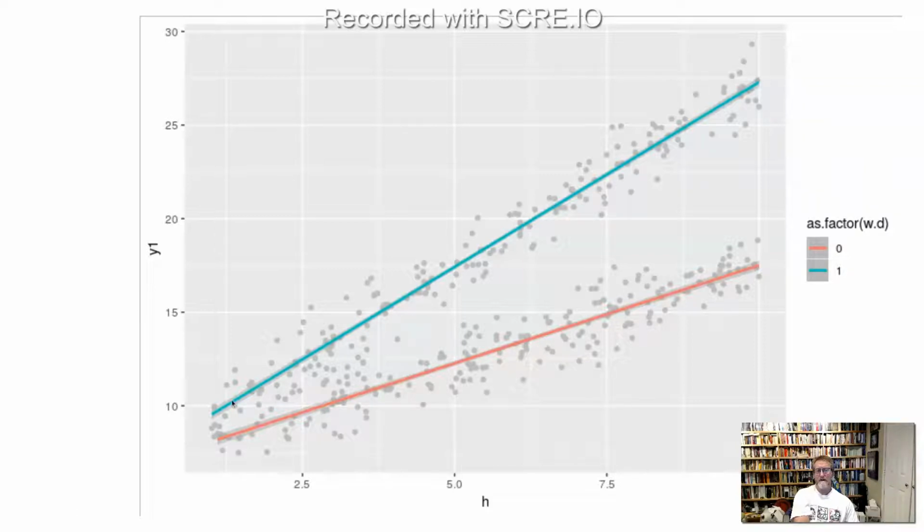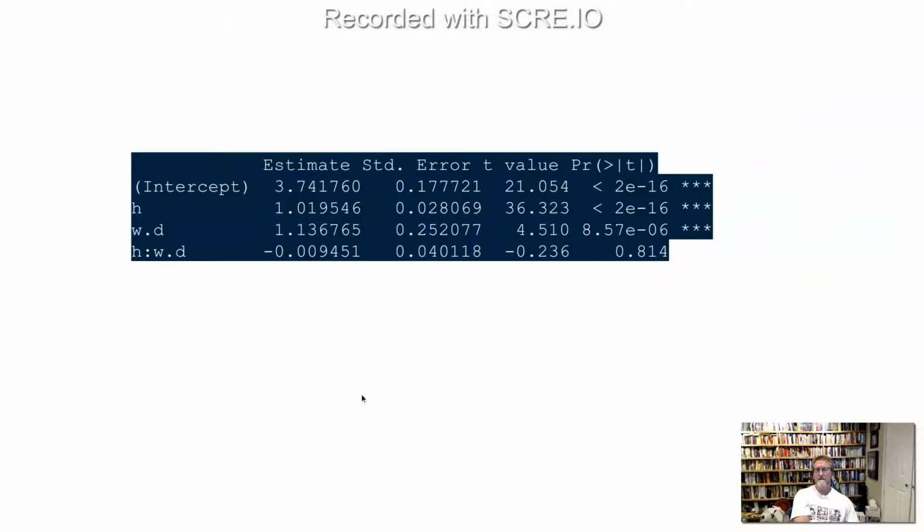So this model has different intercepts, a significant slope for the main effect of x on y when our moderator is 0, and the slope increases when the moderator goes to 1, as well as the intercept increases.